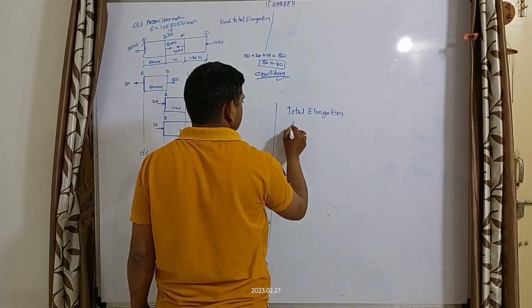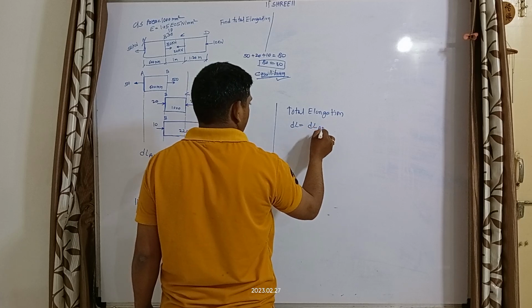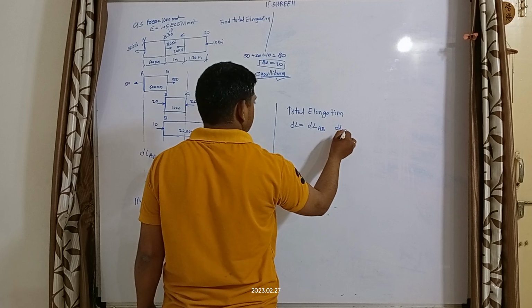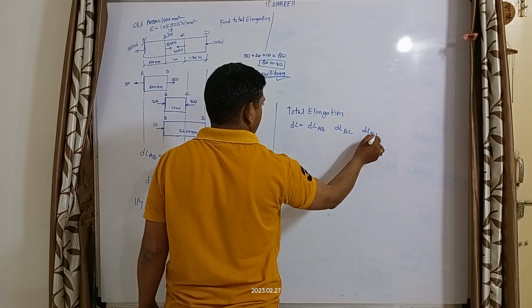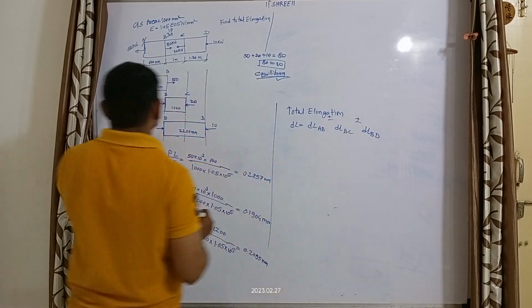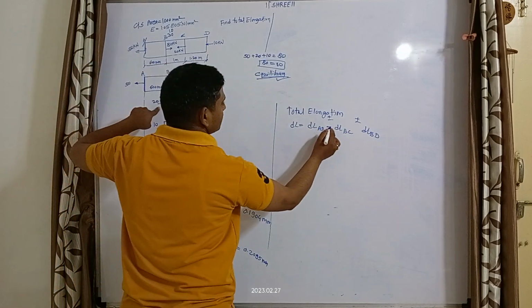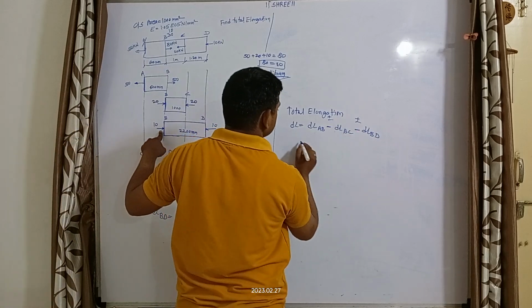which is nothing but change in length is equal to change in length for AB, change in length for BC and change in length for BD, and the plus or minus sign depends upon the nature of the force. This is tensile, this is compressive means negative sign, this is also compressive means negative sign.